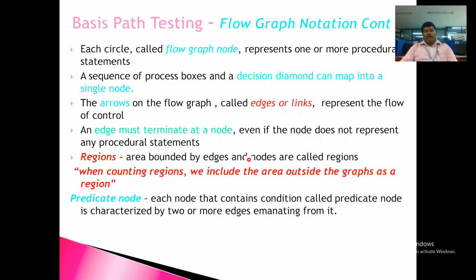Regions are areas bounded by edges and nodes. When counting the regions, we include the area outside of the graph as another region. Predicate node. Each node that contains a condition is called a predicate node, characterized by two or more edges emerging from it.